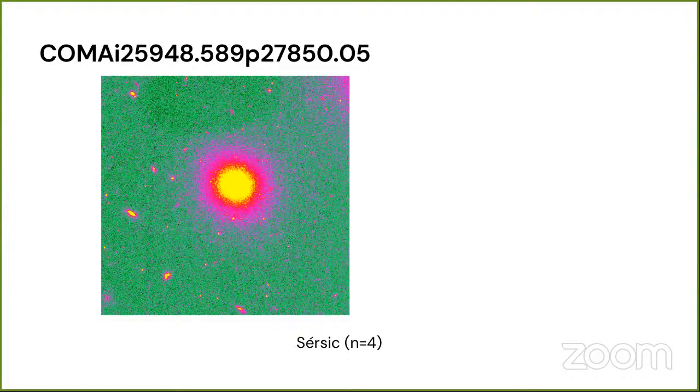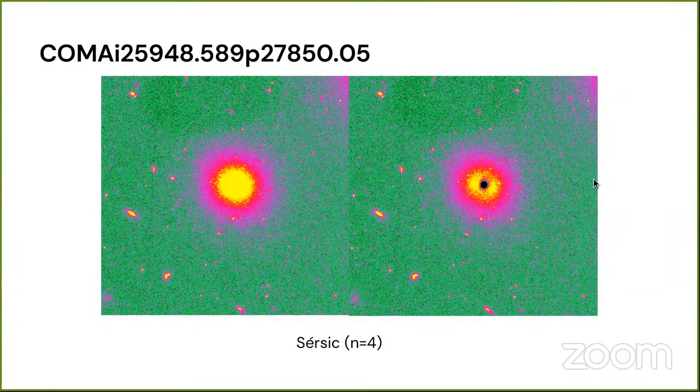So when I fit the Sersic profile, the residuals didn't look so good, and I went back and added an extended disk for this emission, and I could see that the light of the galaxy was almost completely wiped out from the image. So this model was a good fit. This galaxy didn't show any underlying substructures.